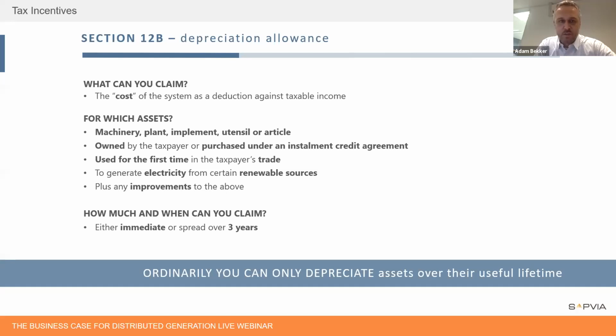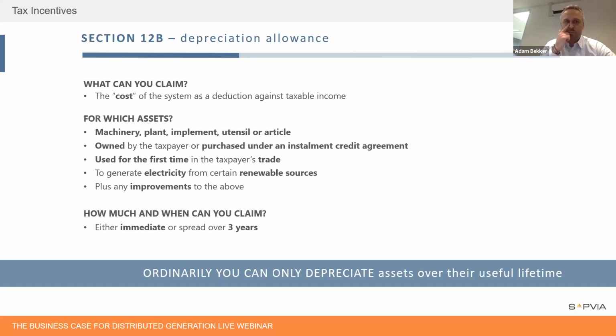Then you can claim a deduction for that cost, in some instances immediately or in other instances spread over 3 years. What I've done here is pull out of Section 12B the main provisions of that little piece of legislation. As we go through, we'll quickly unpack the relevant points.